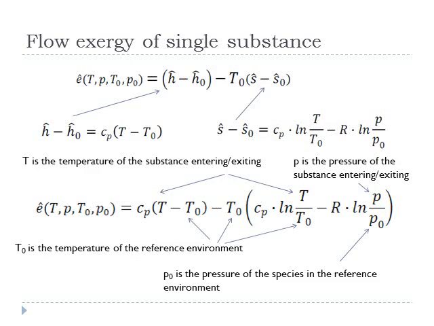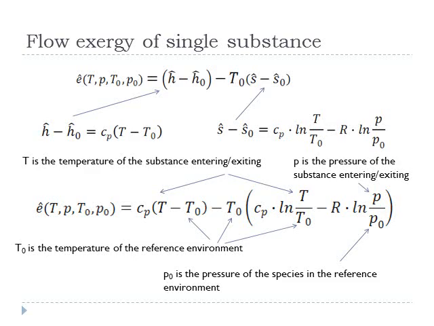So we've got this term H minus H naught, and we've got a minus T naught times S minus S naught. Here there's hats on all the H's and S's to mean this is a molar, meaning a per mole term. If there's a constant specific heat, we can use C sub P times T minus T naught.